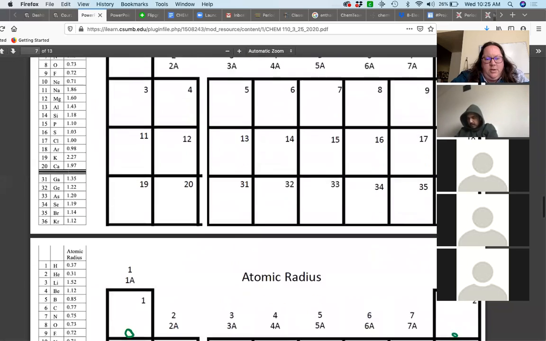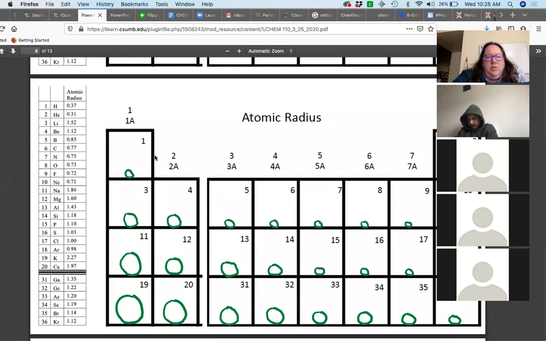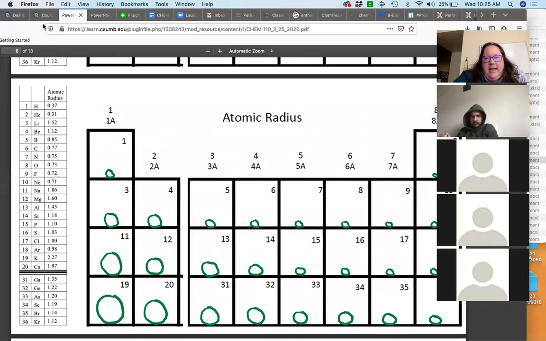All right, so you should have something that starts to look like this. And so maybe this is a better way for us to be able to visualize relative size. So if we're thinking about relative size, this is a great example. You can actually see, oh, look, my hydrogen, that's pretty small compared to my calcium.